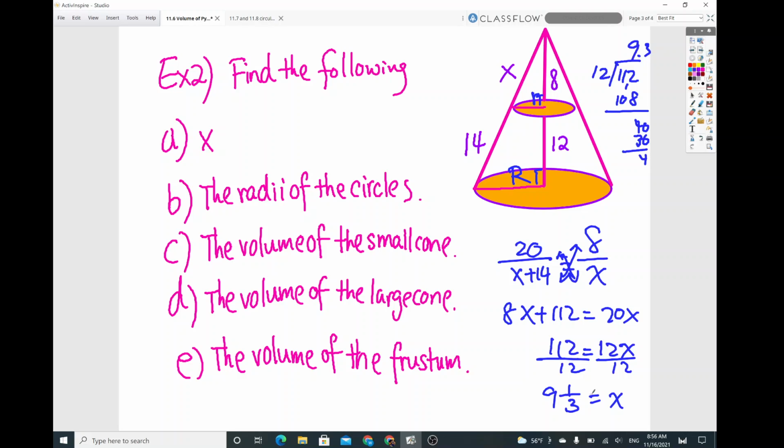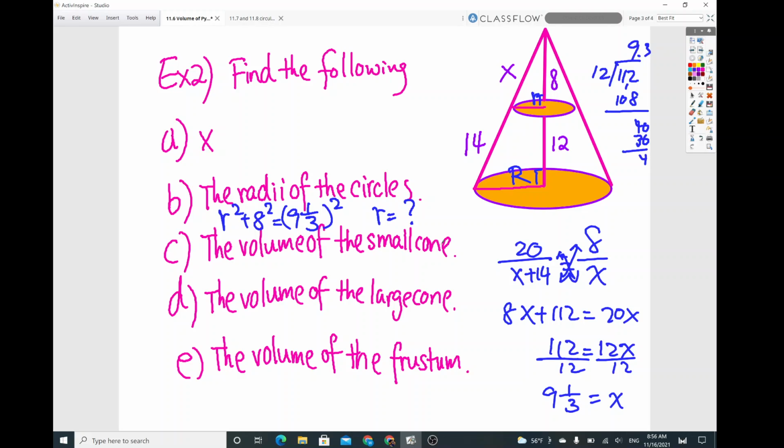Once we solve for x, now you want to find the radii of the circle. Using the Pythagorean theorem, we can find the radius of the circle. The way to set it up is r squared plus a squared equals 9 1/3 quantity squared, and then you just solve for r.